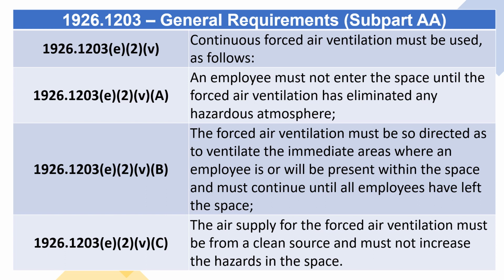If continuous monitoring is not used, periodic monitoring is required. All monitoring must ensure that the continuous forced air ventilation is preventing the accumulation of a hazardous atmosphere. Any employee who enters the space, or that employee's authorized representative, must be provided with an opportunity to observe the testing required by this paragraph (e)(2)(vi).